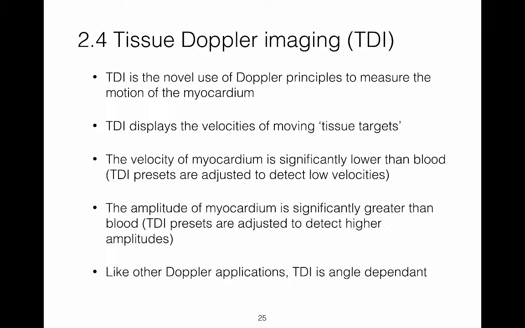However, as the amplitude of the myocardium signal is significantly greater than blood, the tissue Doppler presets are adjusted to detect higher amplitudes. Just like other Doppler applications, tissue Doppler is angle dependent. Therefore, the ultrasound beam should be directed parallel to the moving myocardium.